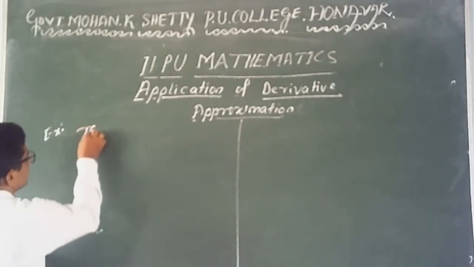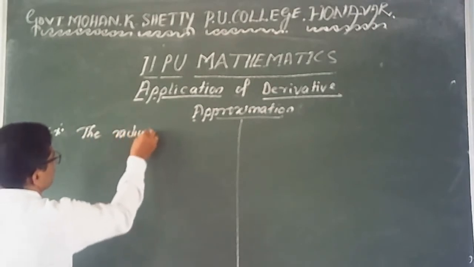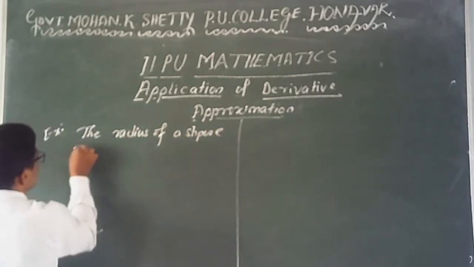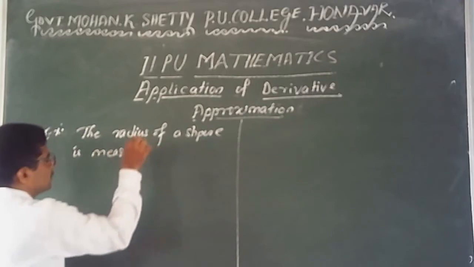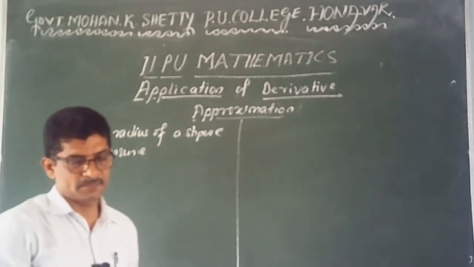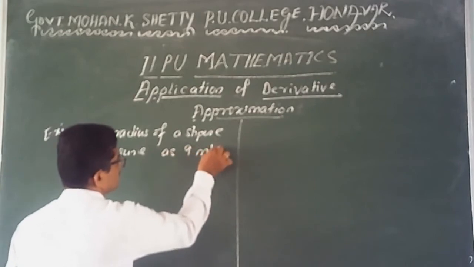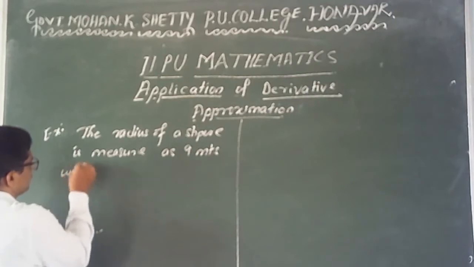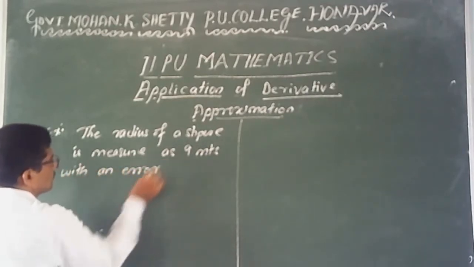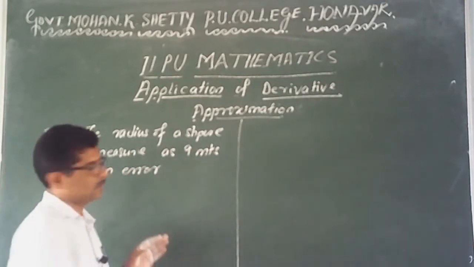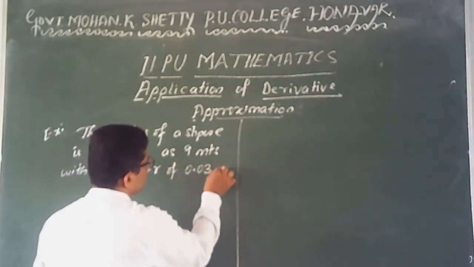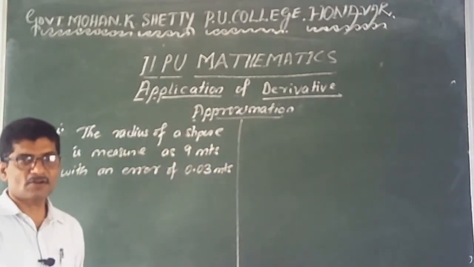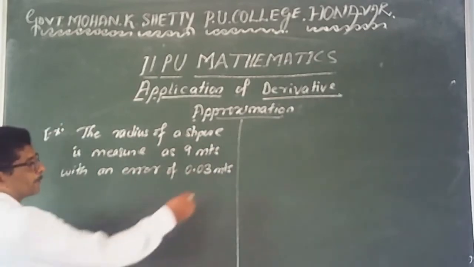The radius of a sphere is measured as 9 meters, with a measurement error of 0.03 meters, which means 3 centimeters.